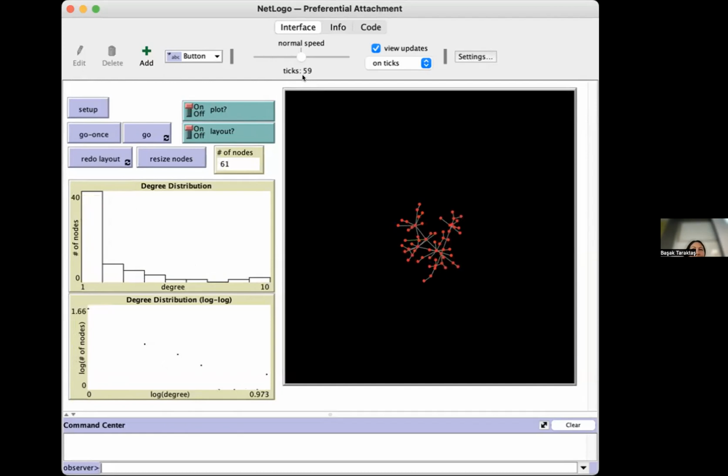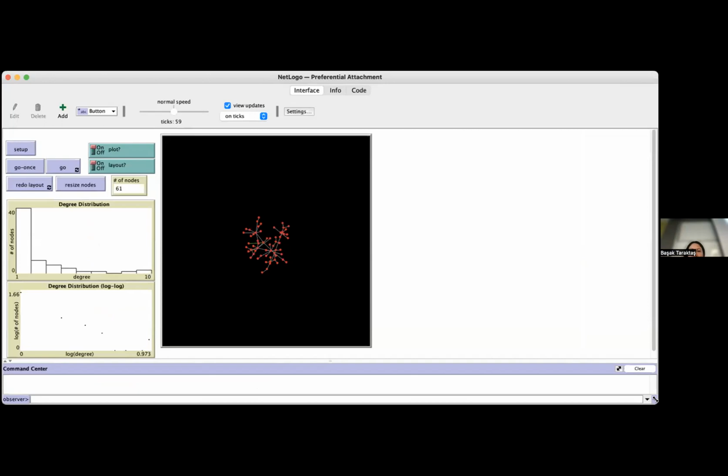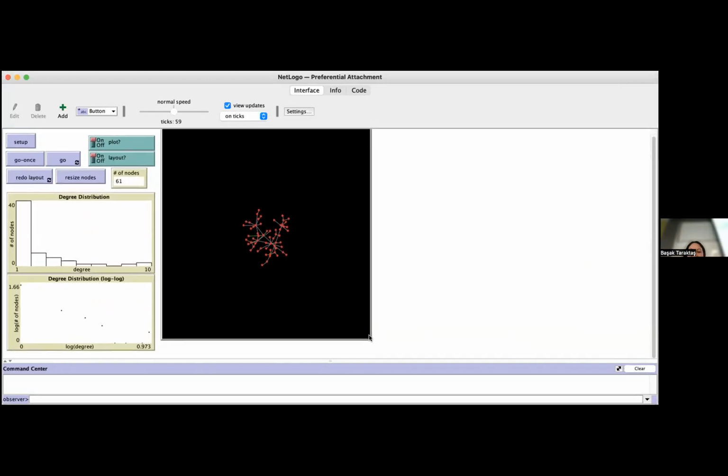At 59 ticks, we already have lots of nodes that only have one connection, and there are few nodes that have multiple connections, and these are the hubs. So it gives you a tree-like structure, right?